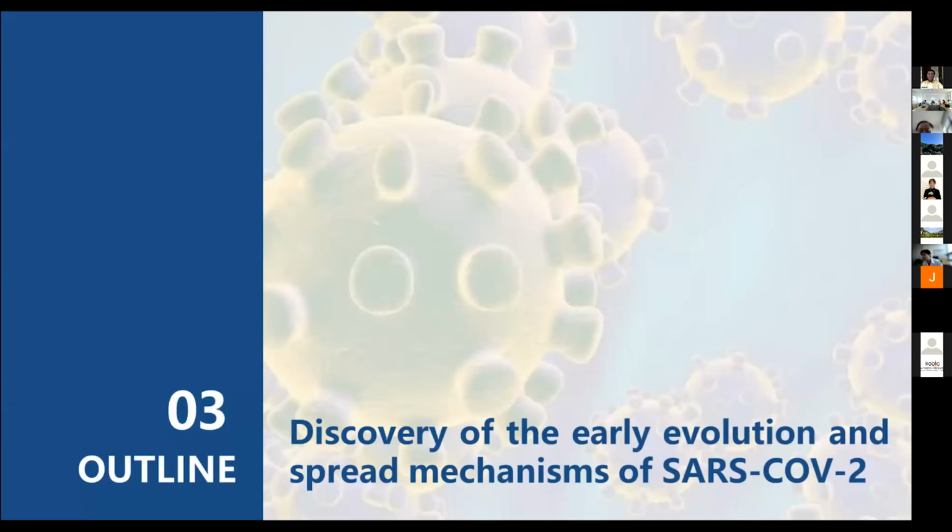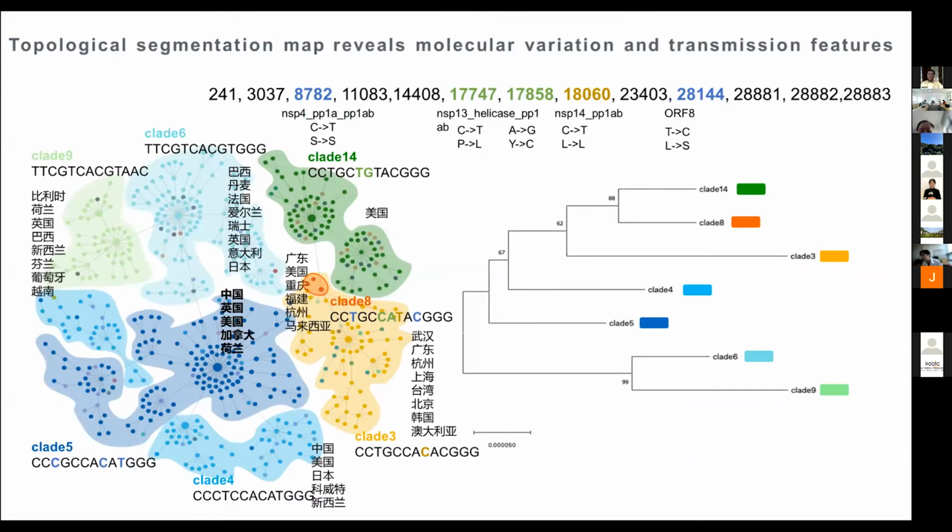And these are some pictures we can see. This is the individual topological cloud, and from this cloud you can clearly see the spreading paths of SARS-CoV-2 around the whole world.